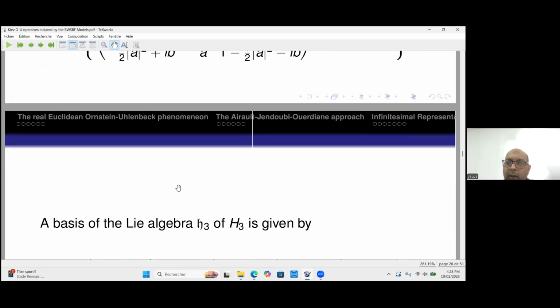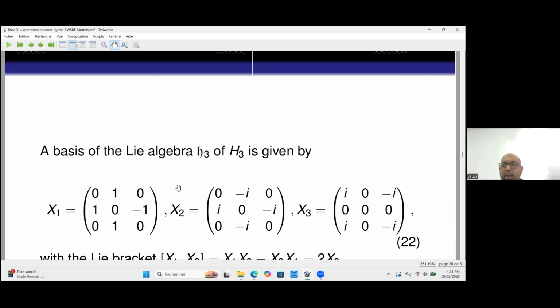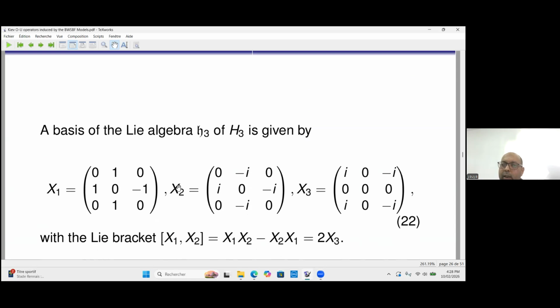A basis of the Lie algebra here consists of 3 matrices x1, x2, x3 with a Lie bracket equal: only the Lie bracket of x1, x2 is 2x3, where the bracket is the product x1 x2 minus x2 x1. And the other Lie brackets are 0.